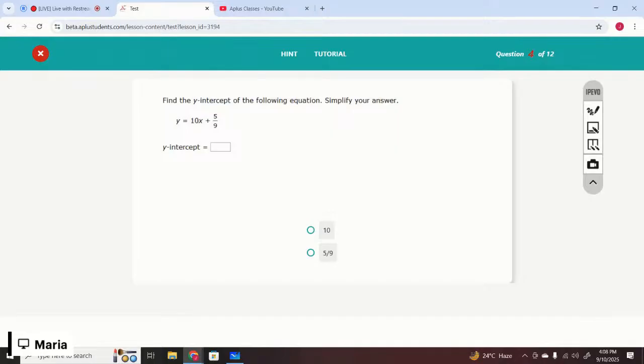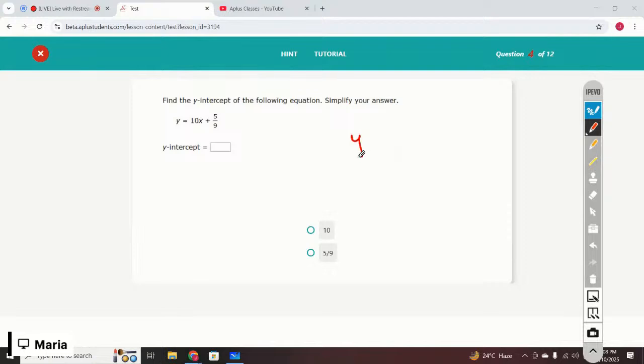Find the y-intercept of the equation. Simplify your answer. Y equals 10x plus 5 over 9. Just compare the equation with the general equation y equals mx plus b. So b equals 5 over 9, sorry.